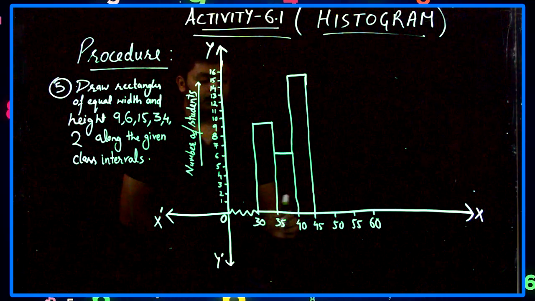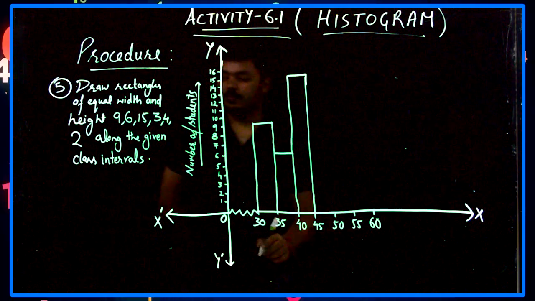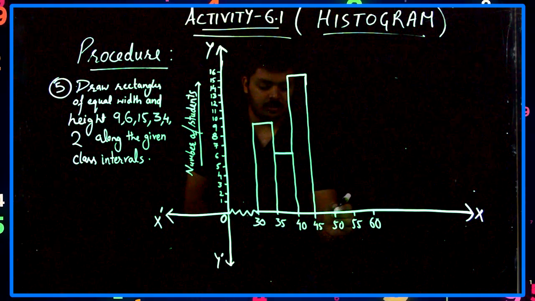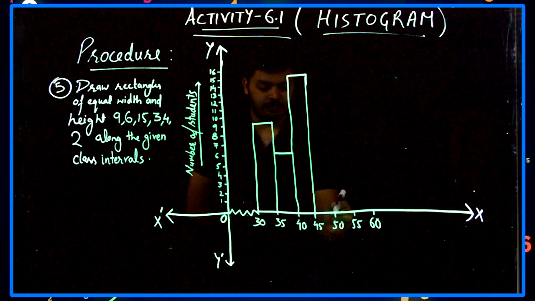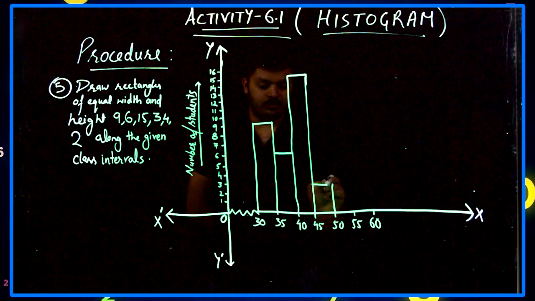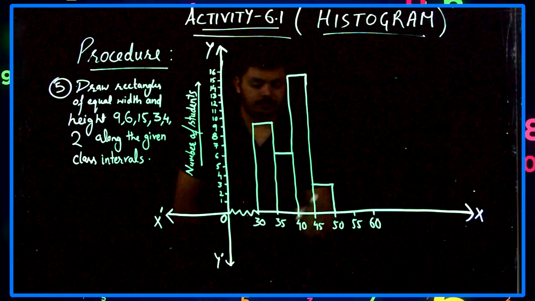The next step, under class 45 to 50, our frequency is 3. So mark 3 at 50 and join with 45 on 3.